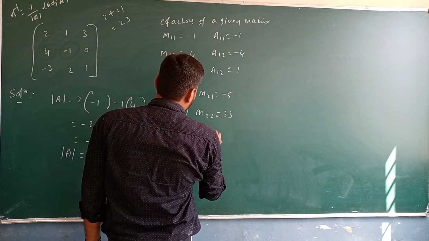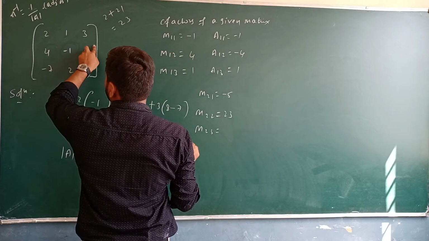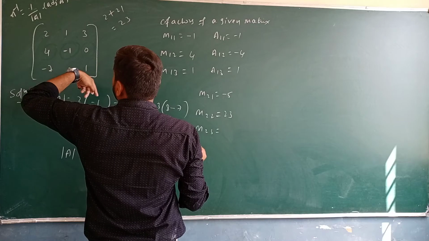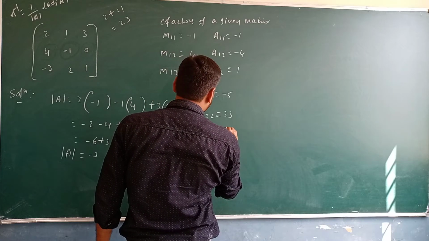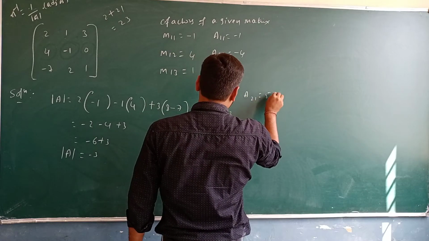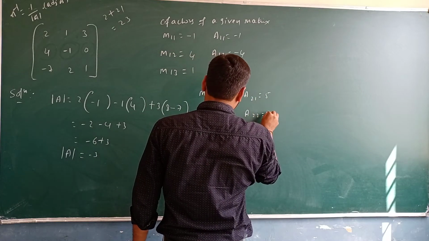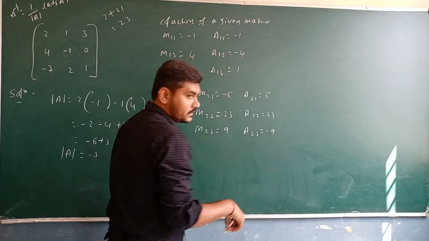Then M23 we are getting with 2 plus 7, that's going to be 9. Then A21 is equal to 5, A22 is equal to 23, then A23 is equal to minus 9.